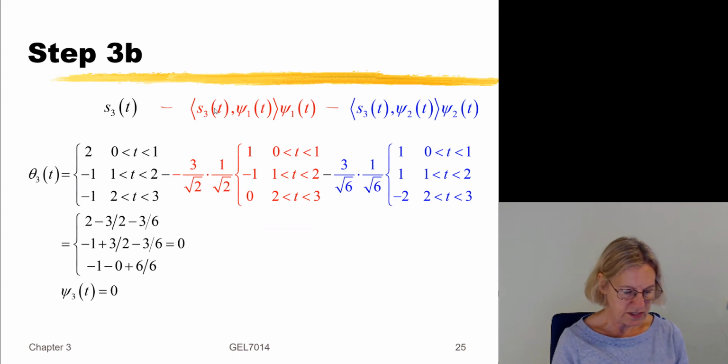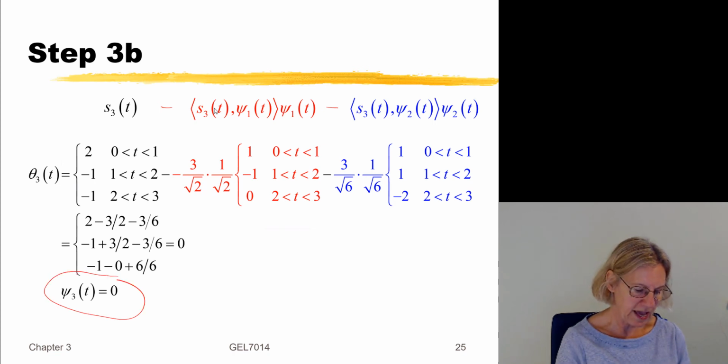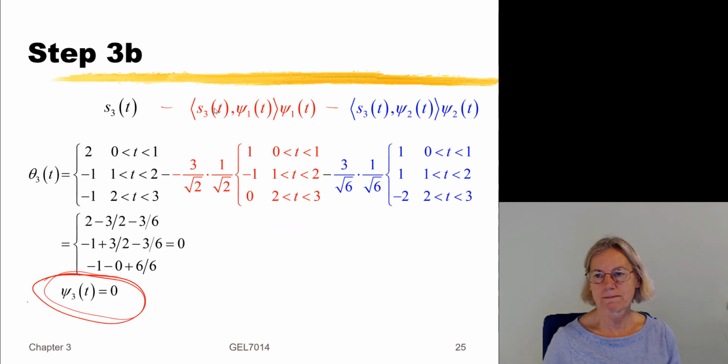So that is what's going on here. And what's interesting is we get here at the end, I get 0. Okay, so it's easy to make a mistake in the math and to not get 0. But if we do it carefully, we realize that finally symbol 3 is a linear combination of symbol 1 and symbol 2.